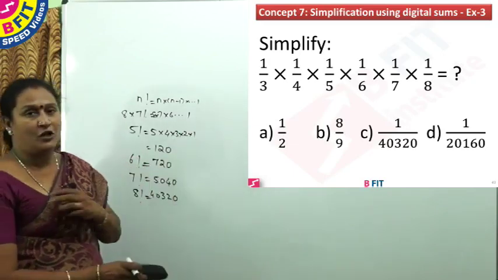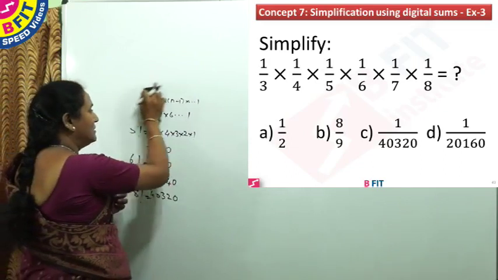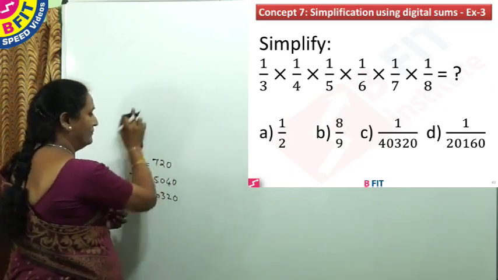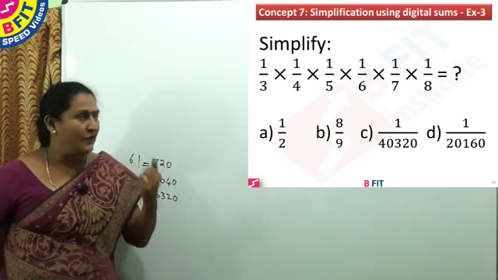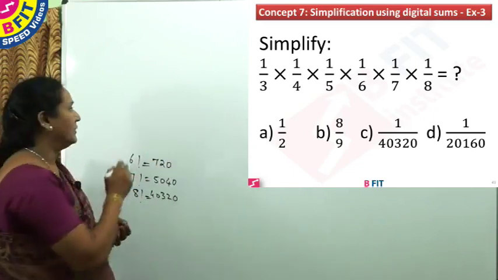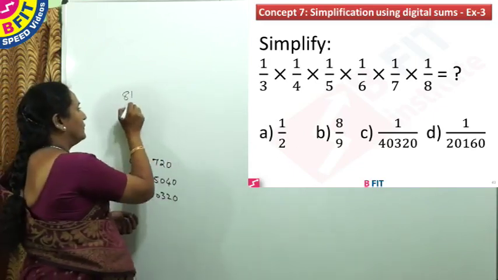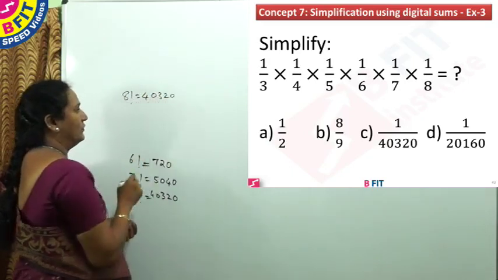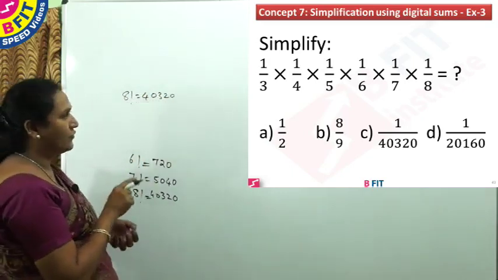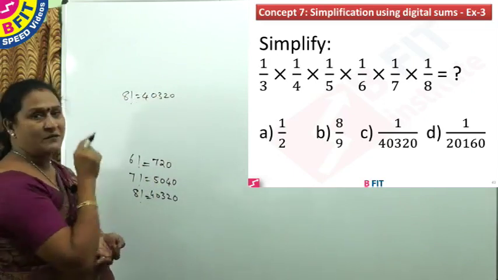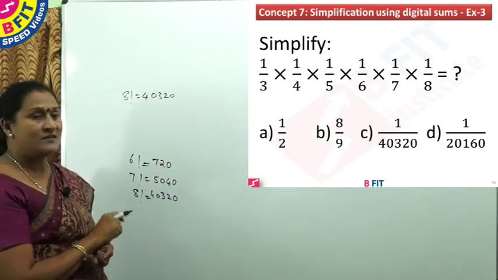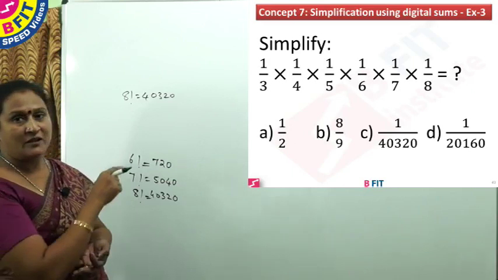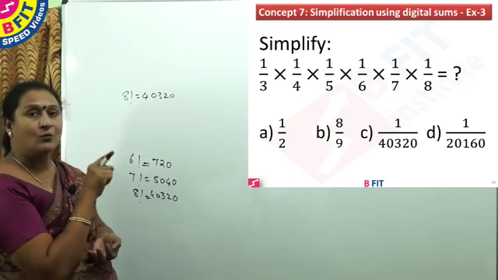So here in the denominator, we have numbers up to 8. So we can use the value of 8 factorial to get the denominator. 8 factorial is 40320. We have the denominator 40320 in option C, but here we are not having from 1 to 8.